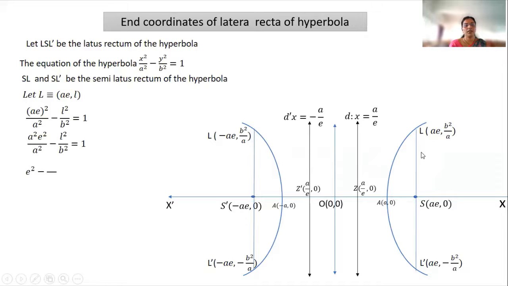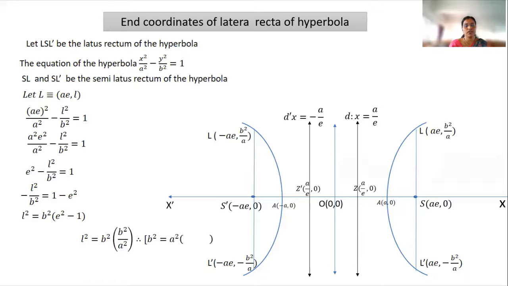By calculating, we get e square upon a square minus l square upon b square is equal to 1. That is, l square is equal to b square into bracket e square minus 1. Therefore, l square is b square into b square upon a square, by the relation between a, e and b.